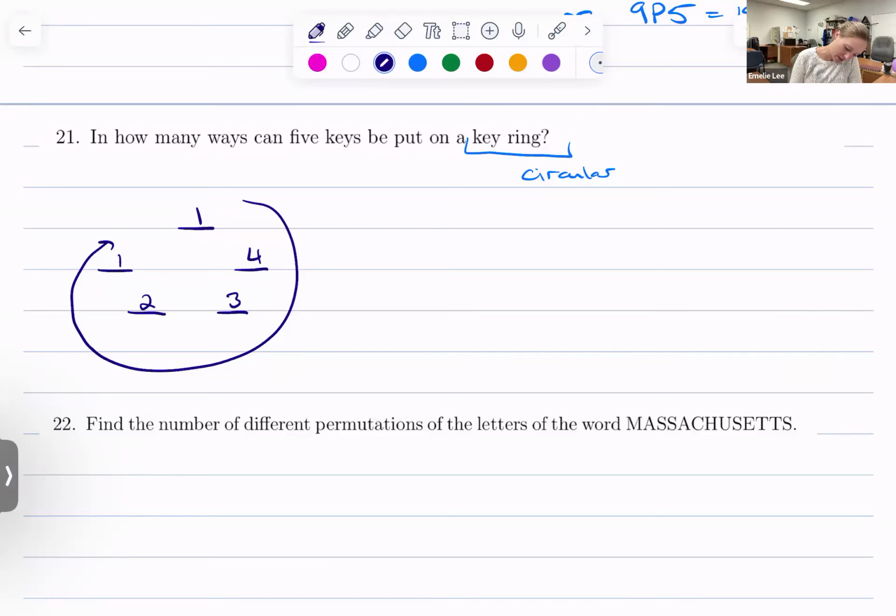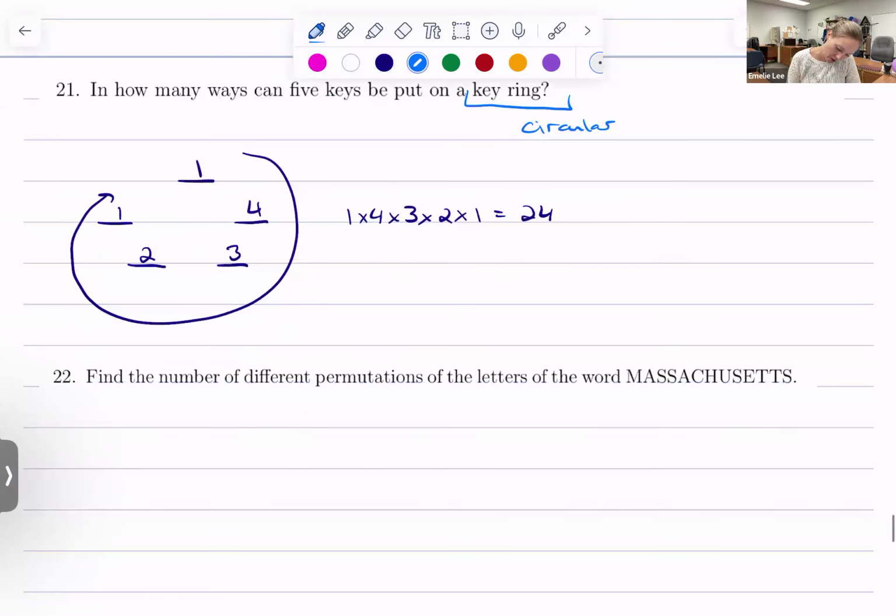And so I have 1 times 4 times 3 times 2 times 1, which is 24. Oops, not 24 factorial, just 24. Sorry.